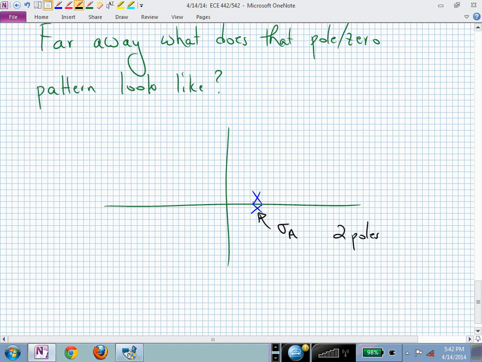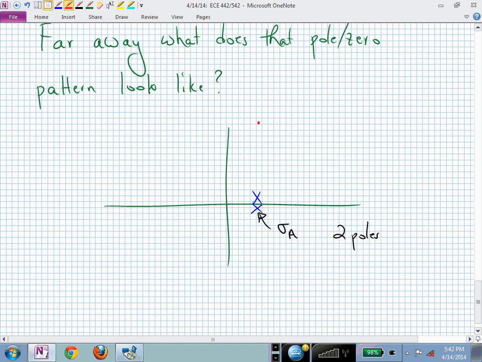And what do we know about which locations now belong to the root locus? If we went up here and we said, does that point belong to the root locus, what would you tell me for this picture?